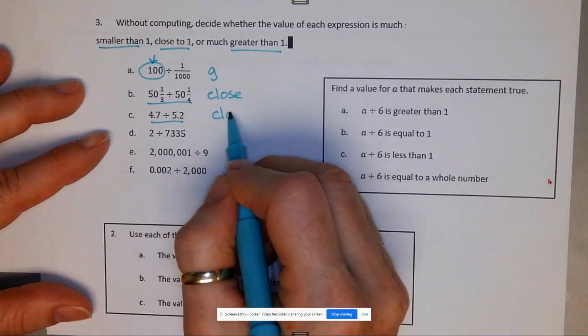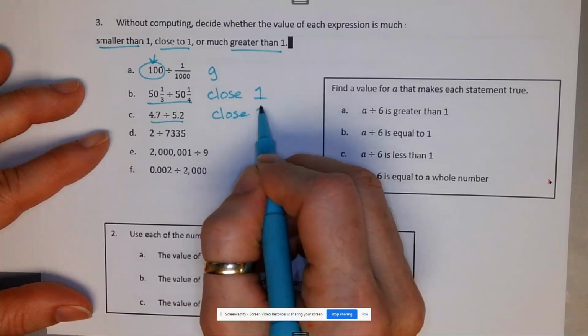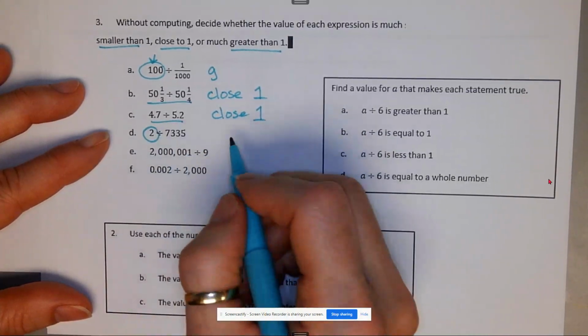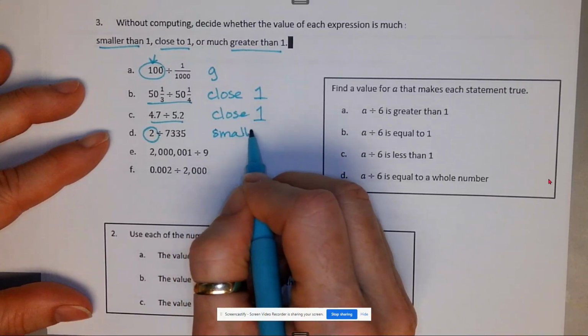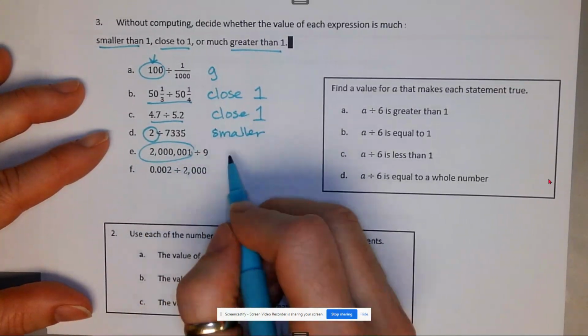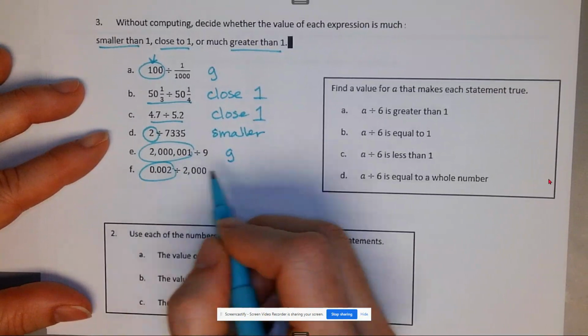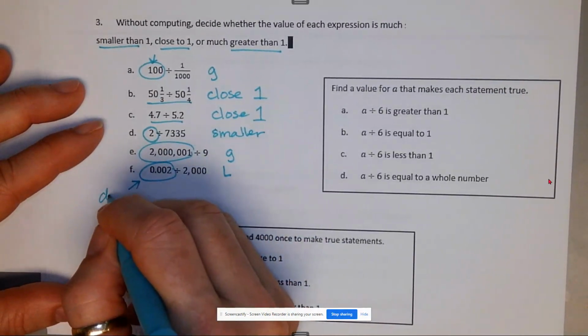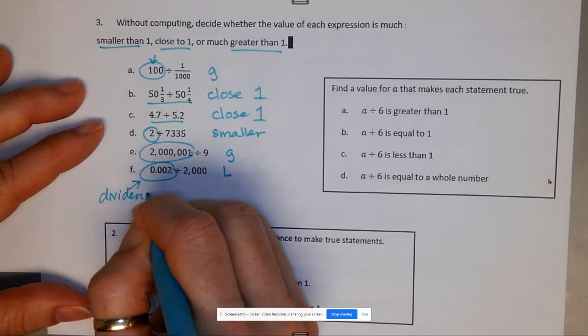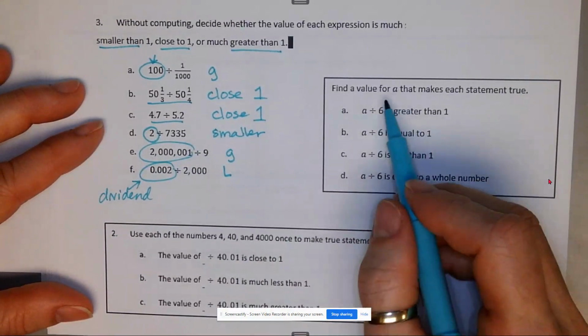These are also close to 1. This is less, the dividend is less, so your answer is smaller, which I like the word less better. This is greater, and this is less. We'll notice each time we're looking at the dividend, the beginning of division.